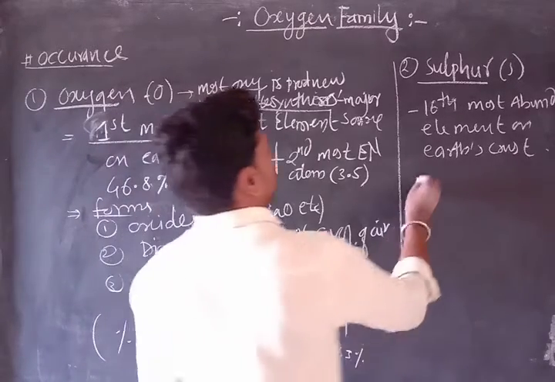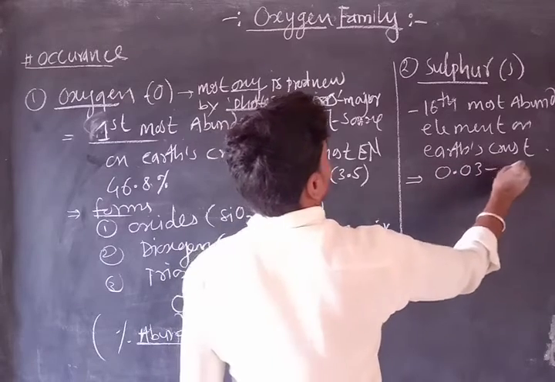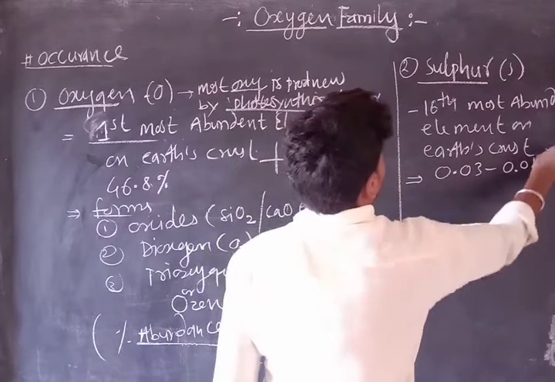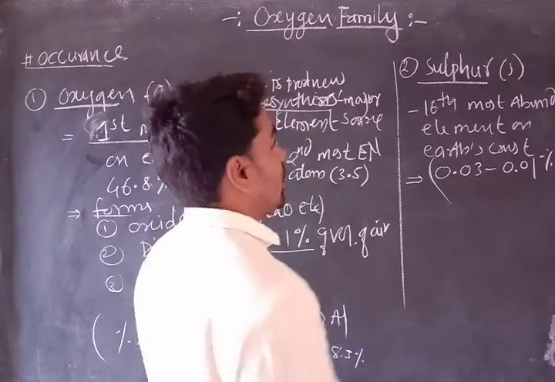Its percentage actually varies from 0.03 to 0.01% on the Earth's crust.